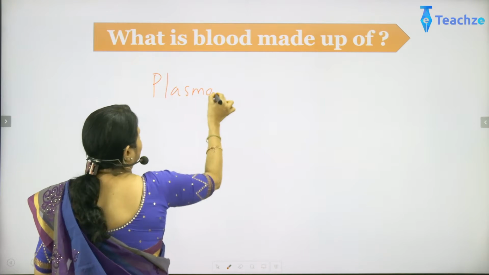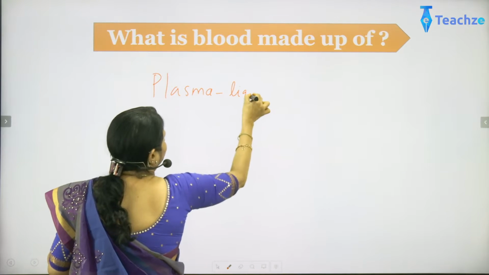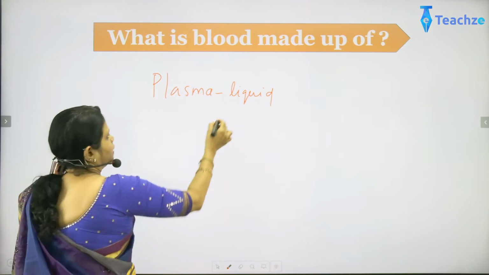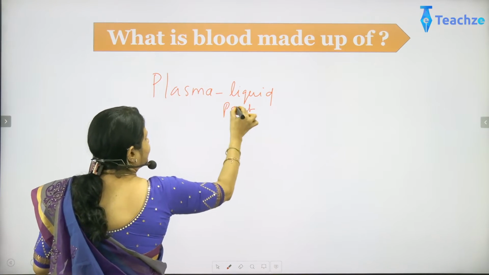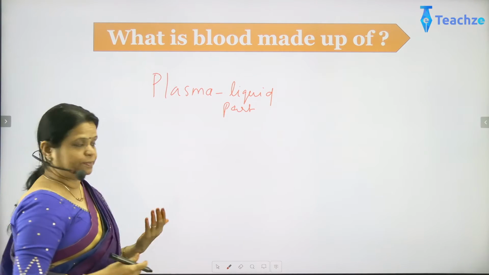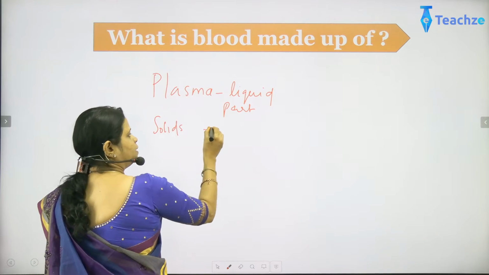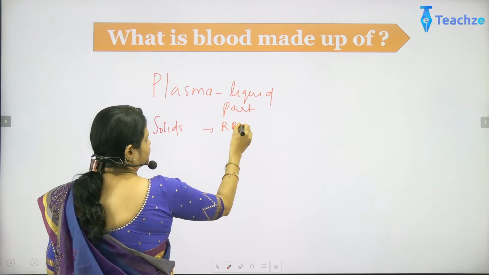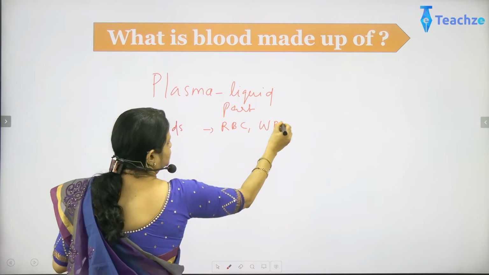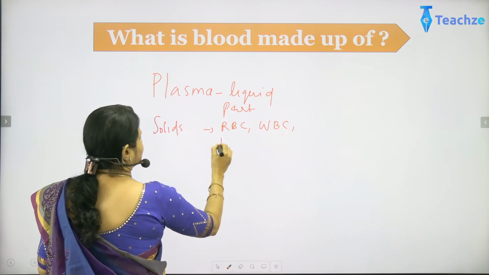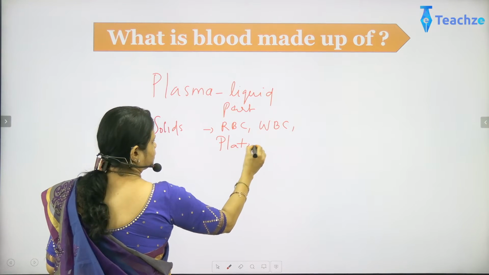This plasma is the liquid or fluid part of the blood, and it has its own solid components. The solid components of blood are the RBCs, the WBCs, and what we call the platelets.